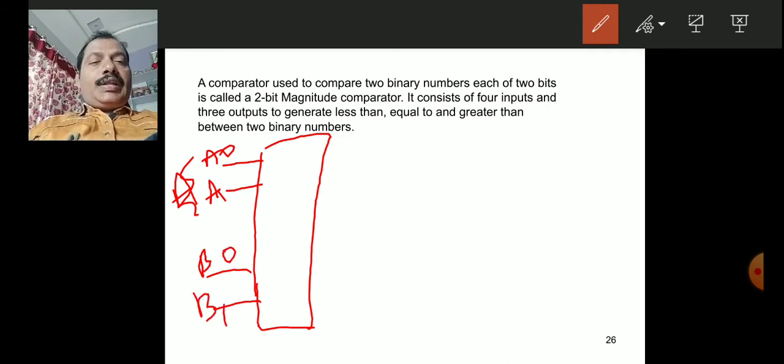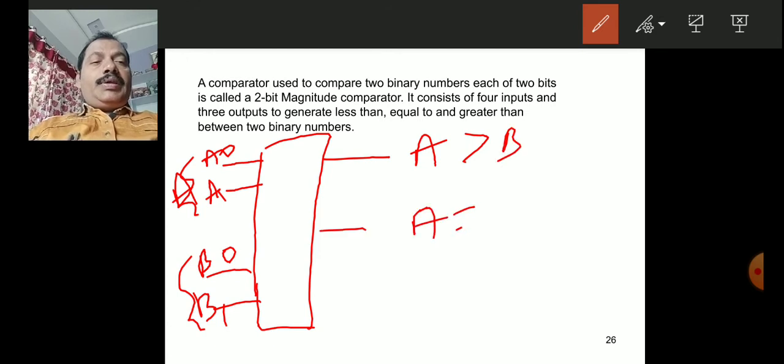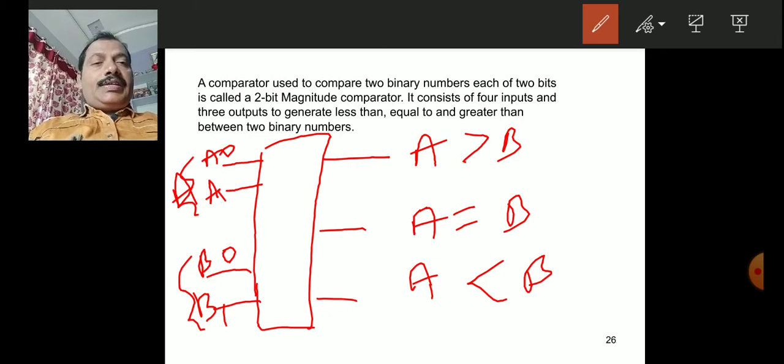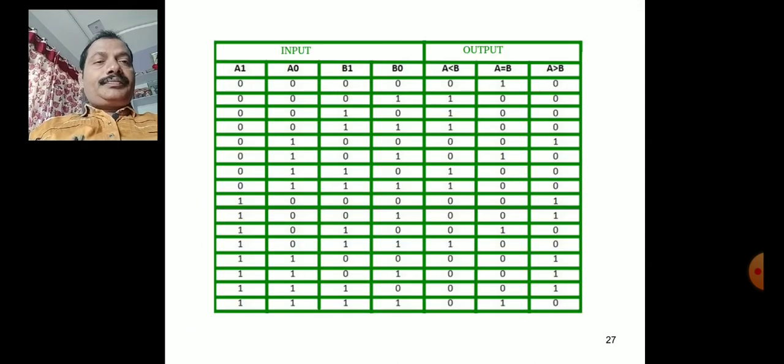So this is the number B. And you have the outputs A greater than B, A equals to B, A less than B. Outputs are same. So the number of inputs are more here in this case because it is a 2-bit comparator. 2-bit means one number is 2-bit. That is the meaning. So we identified the inputs and we identified the outputs.